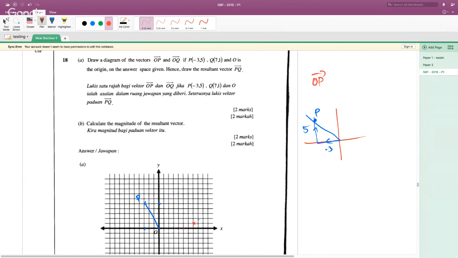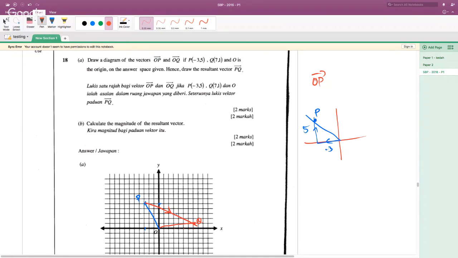This is Q. So O to Q. Of course, you have to use a ruler to draw, but I don't have the ruler here. The question asks you to draw the resultant vector PQ, so you have to draw P to Q. This is OP.